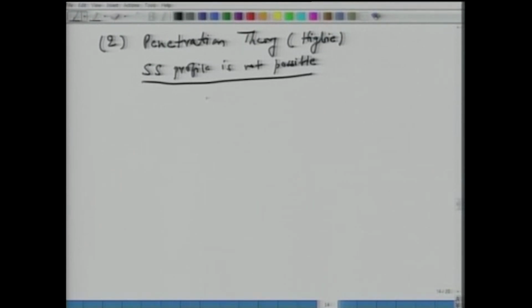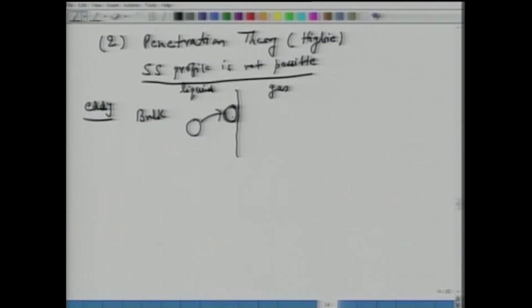Here also, suppose we have the gas here and the liquid here. In penetration theory, there is something called eddies. If you recall from your hydrodynamics, at high Reynolds number we have these hypothetical pockets of liquid which move from the bulk to the surface.